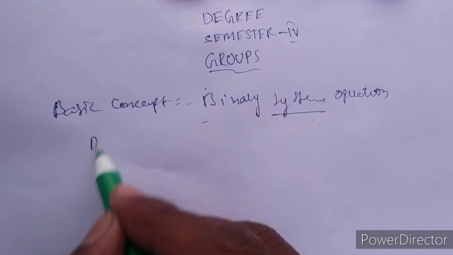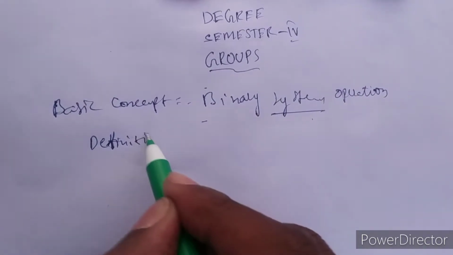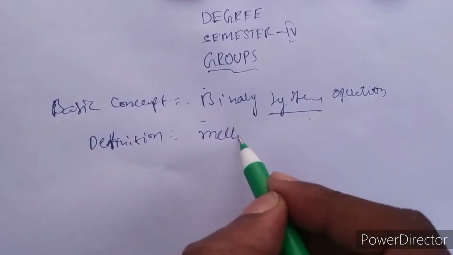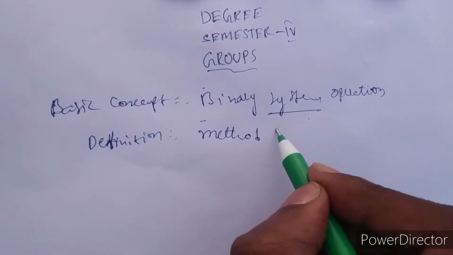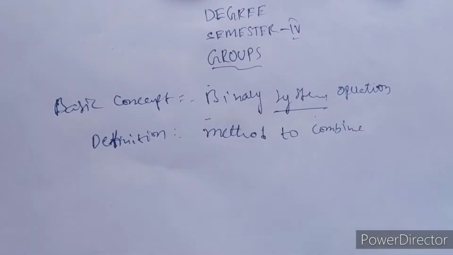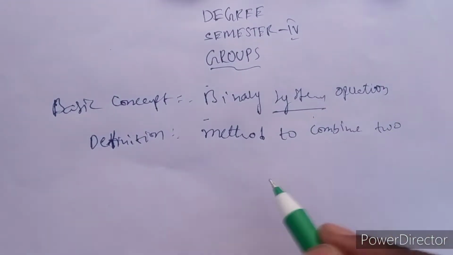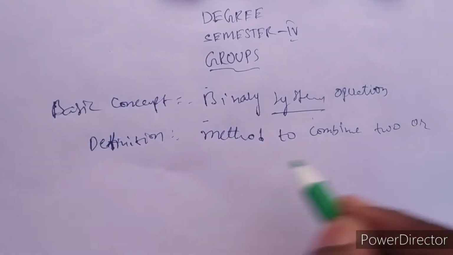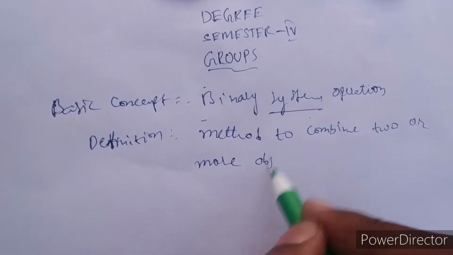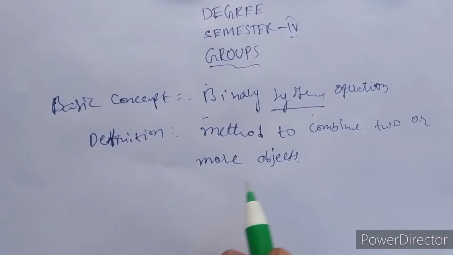The definition: a method to combine two or more objects. This is called a binary operation.